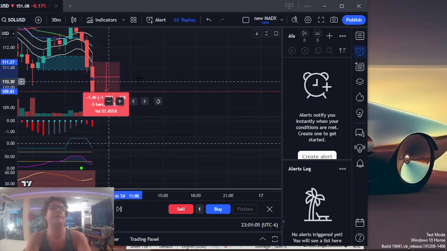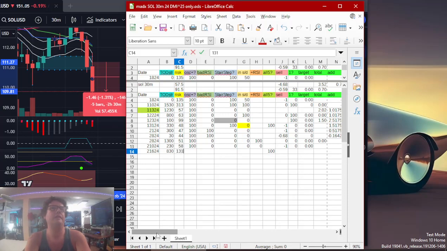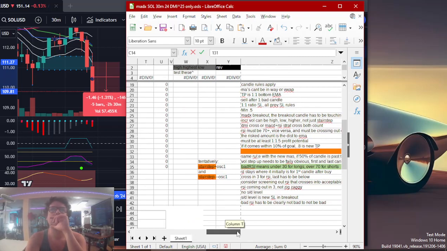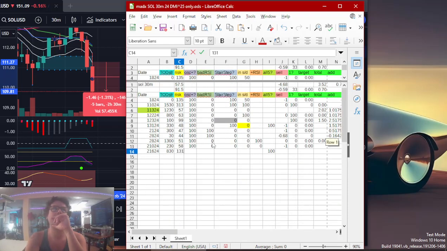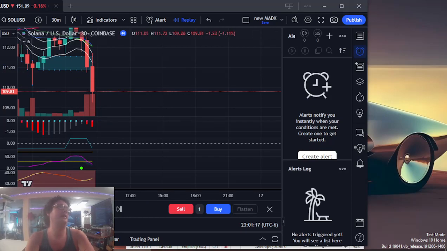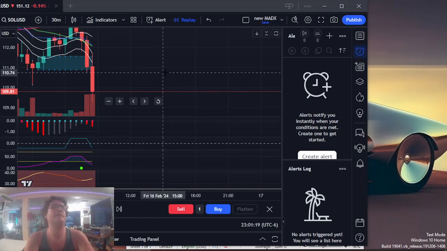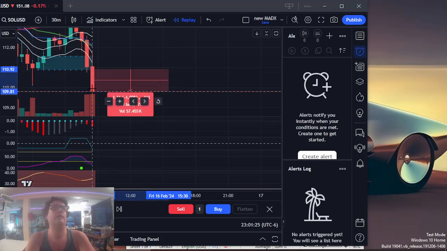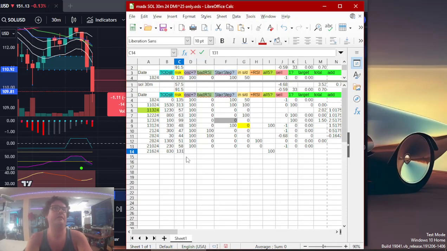Alright, so that's 131. Did I write something down about this? I guess I did say that the supply demand zone is the new stop loss. Let's do slightly above. One. Yep, one exactly.